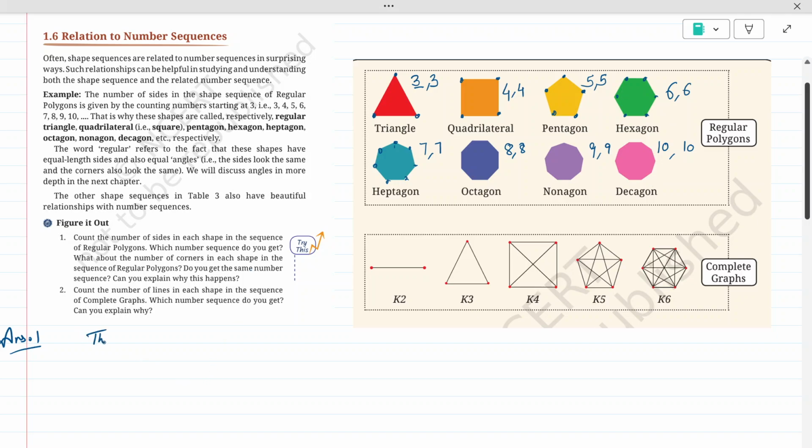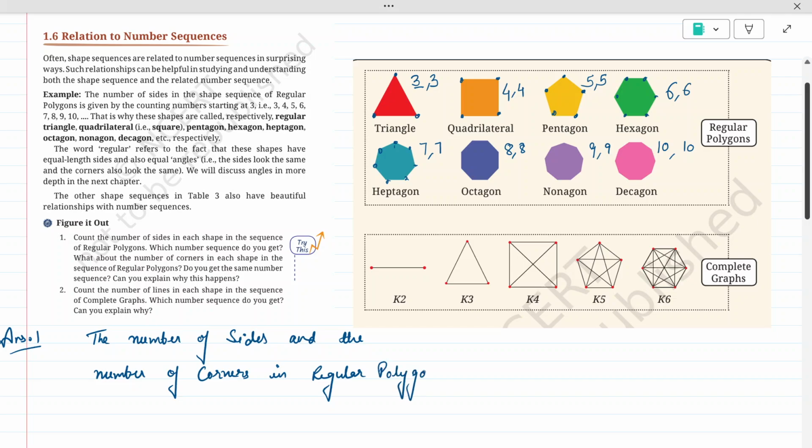the number of sides and the number of corners in a regular polygon is the same.